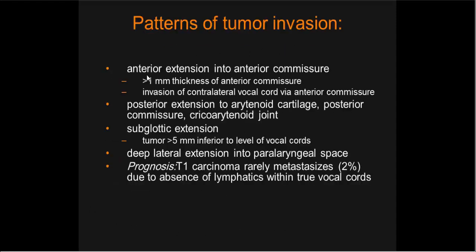Pattern of tumor invasion: anterior extension into the anterior commissure, more than 1 mm thickness at the anterior commissure, invasion of the contralateral vocal cord via the anterior commissure; posterior extension to the arytenoid cartilage, posterior commissure, cricoarytenoid joint; subglottic extension, tumor more than 5 mm inferior to the level of the vocal cord; deep lateral extension into the paralaryngeal space. Prognosis: T1 carcinoma rarely metastasizes, 2%, due to absence of lymphatics within the true vocal cord.